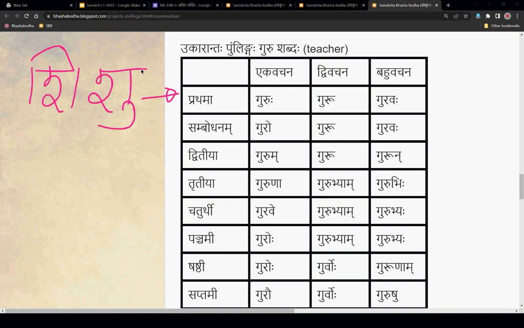Shishu, Shishavaha. Then we have Taru. Taru is also a plant, a tree. So Pullinga becomes Taruhu, Taravaha.